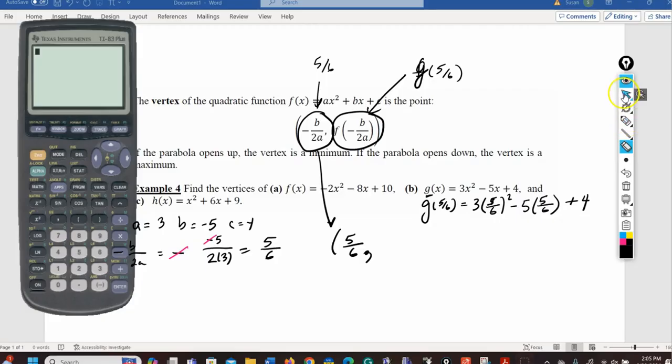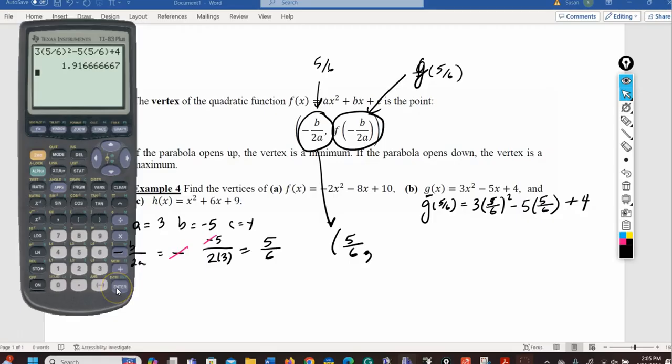All right, so I'm going to want 3, then in parentheses, 5 divided by 6, close parentheses, and square it. Then minus 5, then parentheses 5/6, close parentheses, then plus 4.